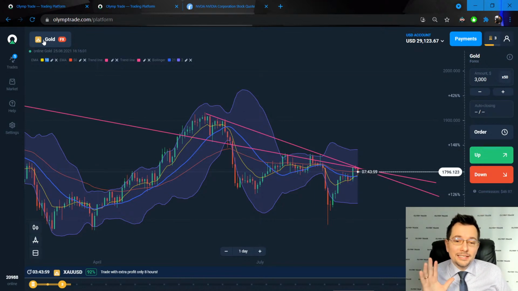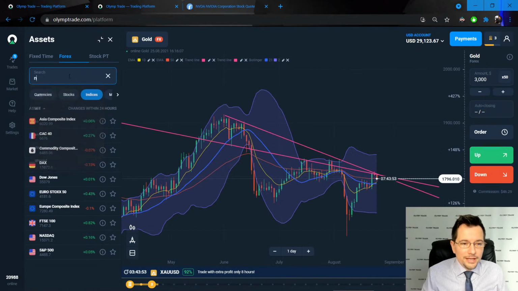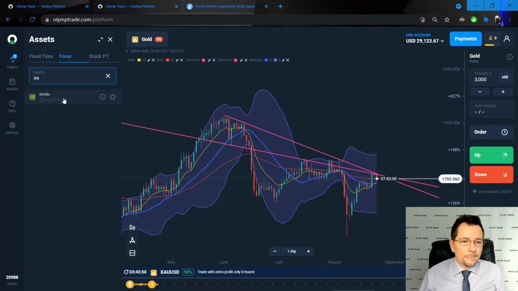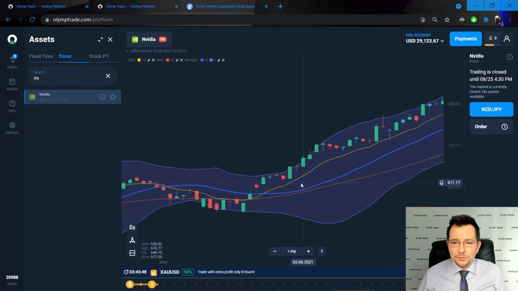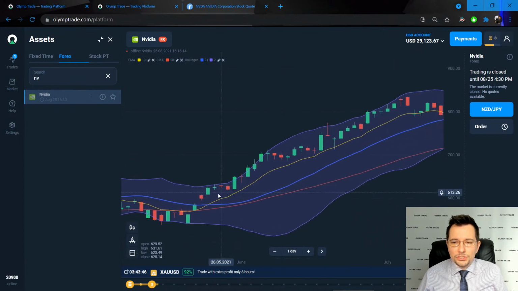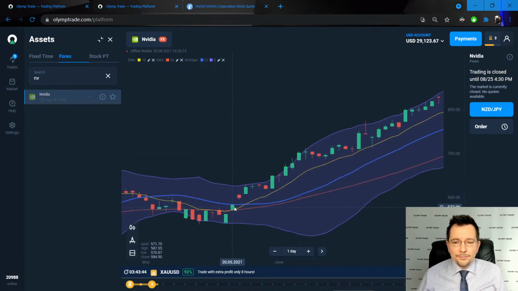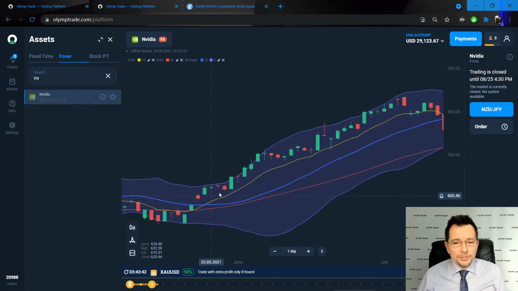You would use this kind of momentum shift to look for an entry trade, because let me show you what I'm talking about. If we have a look at Nvidia, here we have just a massive change in trend, and we touch the top band and then we only drop down to the 10 EMA.